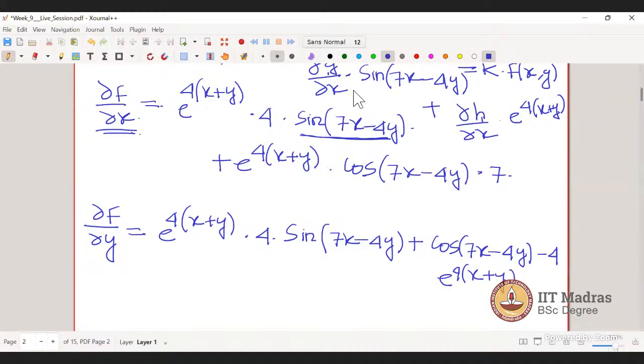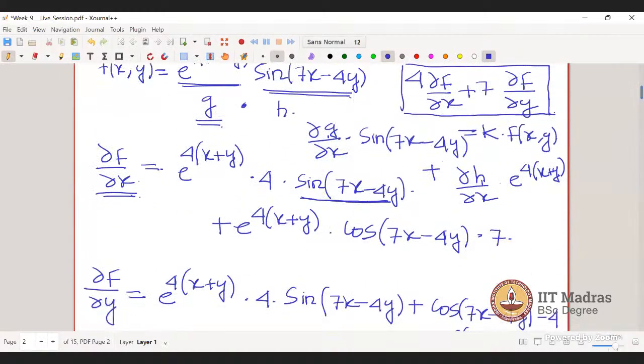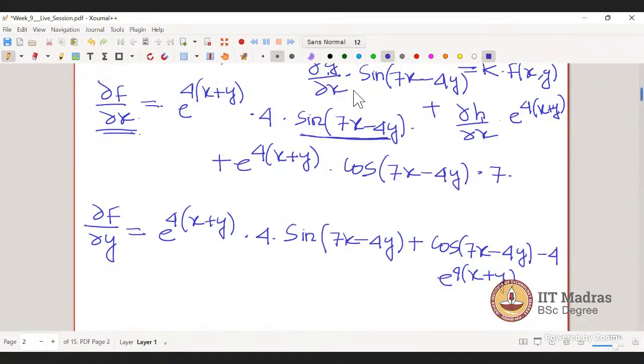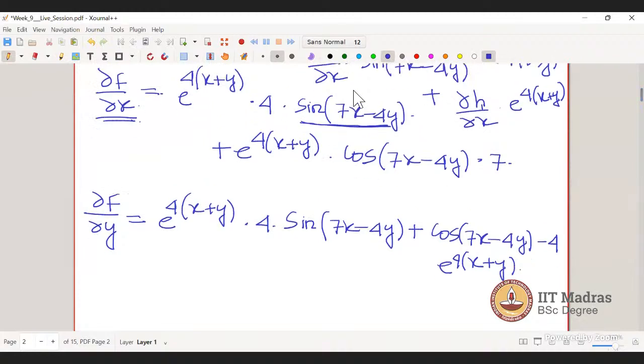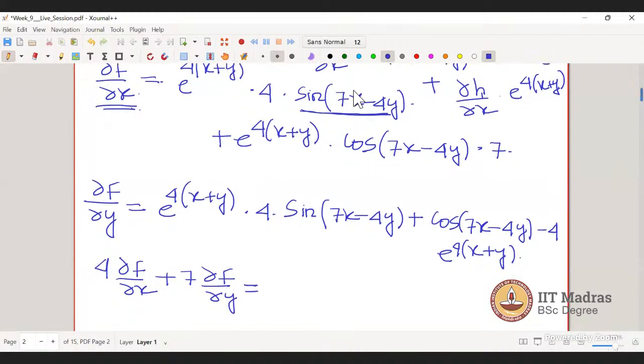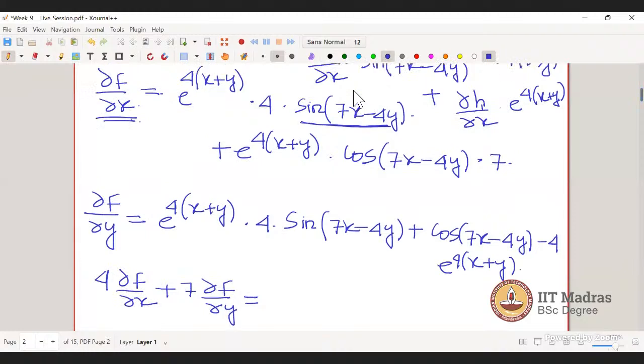Now we need to add these two things: 4 times the partial of f with respect to x, plus 7 times the partial of f with respect to y.